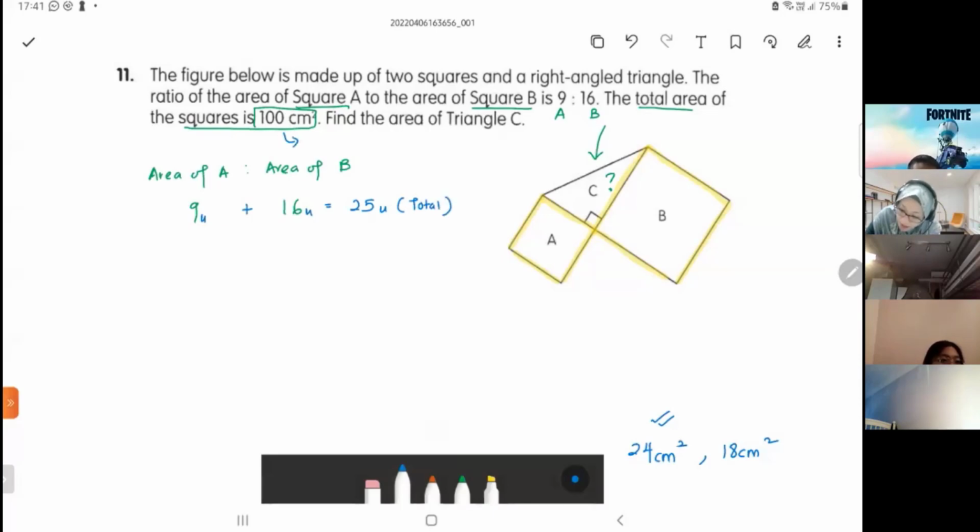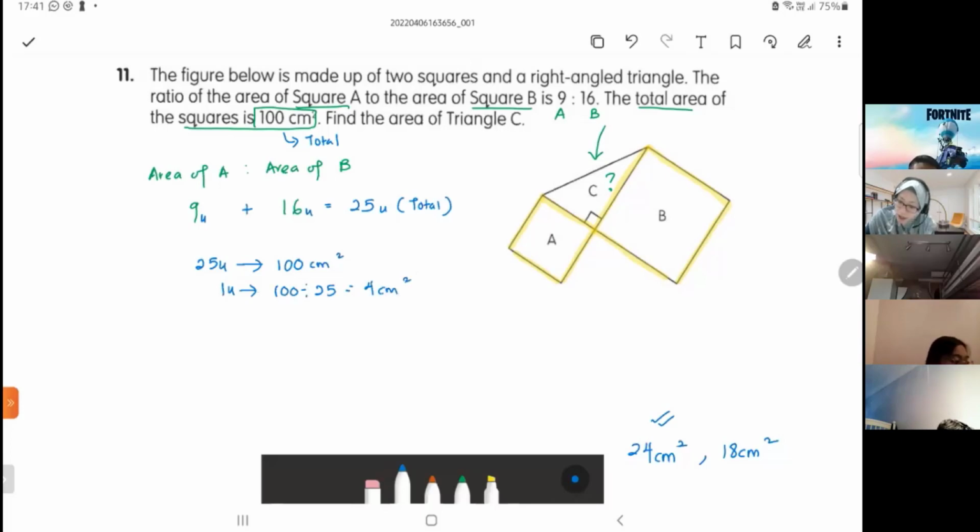This is my total as well. So 25 units is represented by 100 cm squared. You can put cm squared like that. So to find your 1 unit, that will be 100 divided by 25, equals 4 cm squared.